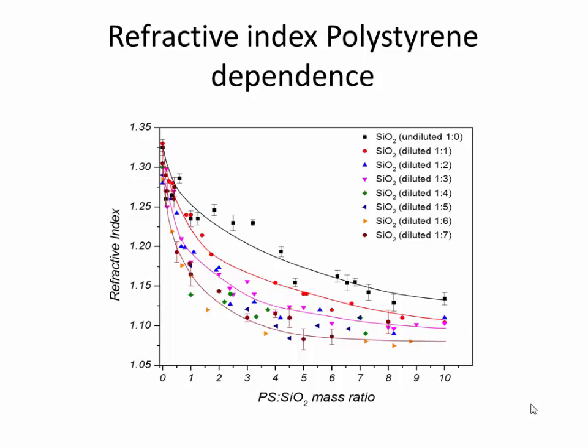And if you increase the dilution of silica nanoparticles and also increase the polystyrene fraction, then you will be able to get an even lower refractive index. The lowest refractive index that we have achieved is approximately 1.06 to 1.07, which represents about 90% porosity fraction.